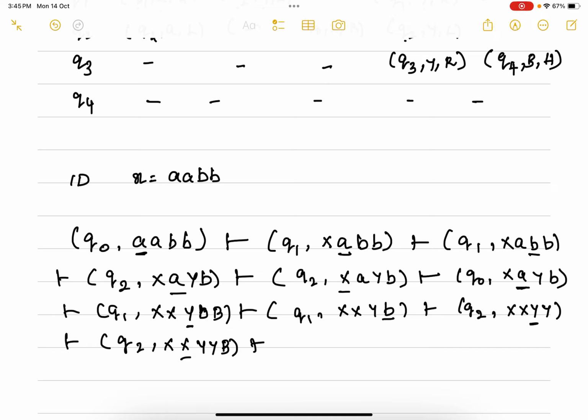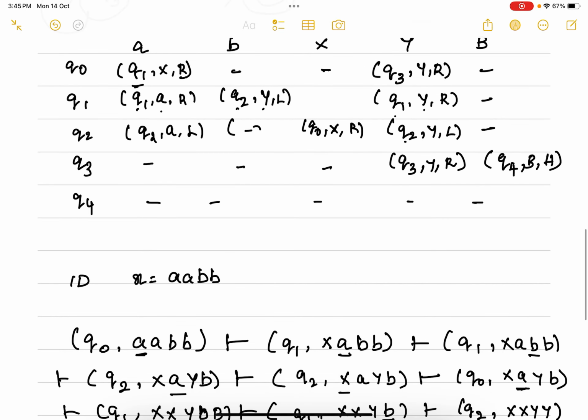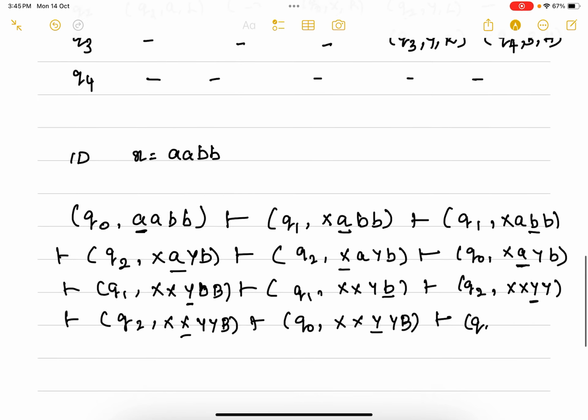The next step is to move to Q0 and make a transition towards the right. Now see here, from Q0, if y comes, what do you have to do? You go to state Q3, replace y with y and move towards the right. So you go to Q3: x x y y.